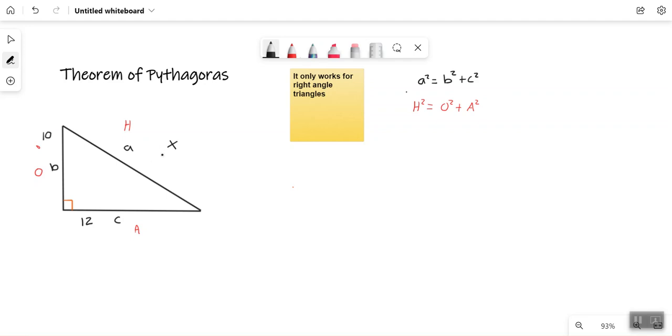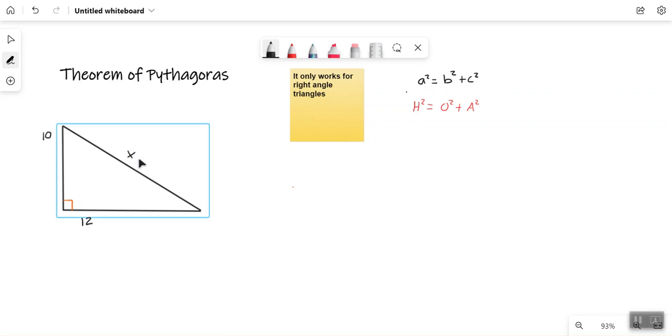They'll ask you to work out what x is. So they might say, work out the length of this side of the triangle, which is known as the hypotenuse. Remember, the longest length is called the hypotenuse.